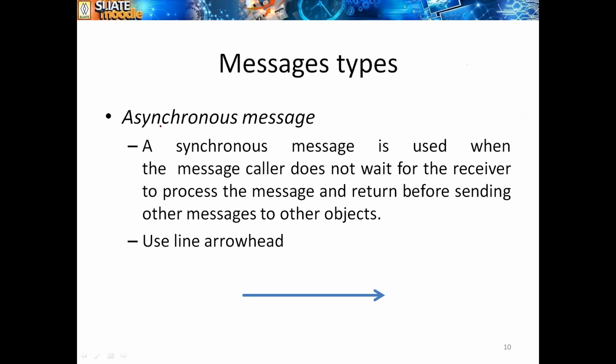Asynchronous message. An asynchronous message is used when the message call does not wait for the receiver to process the message and return before sending another message to another object. It uses a line arrow like this.